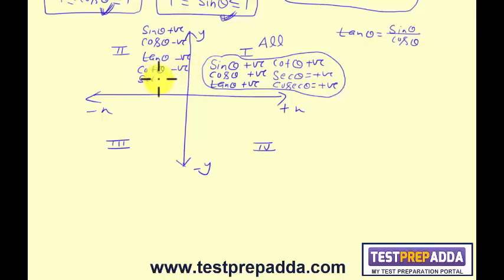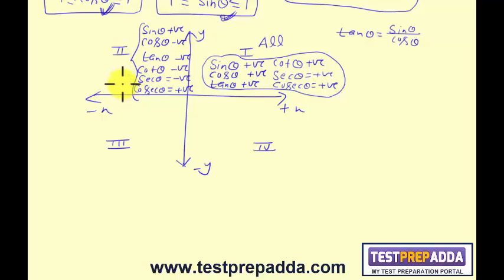Sec theta. Sec theta is reciprocal of cos theta. Cos theta negative. Sec theta will be negative. Now, cosec theta. Cosec theta is reciprocal of sin theta. Sin theta positive, cosec theta will also be positive.